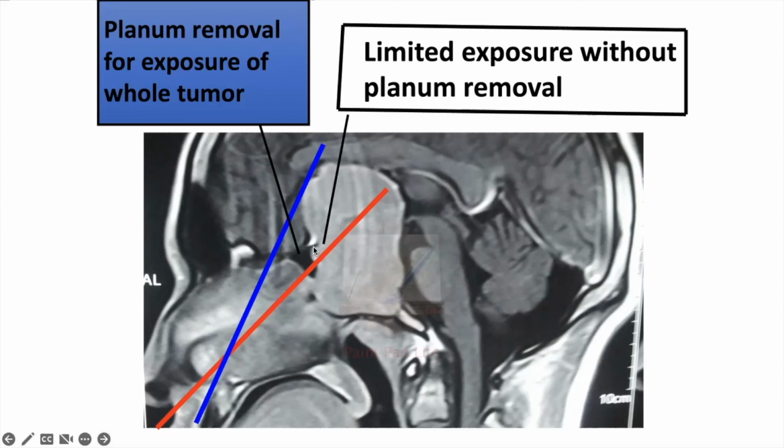So you need to remove bone, and then you need not open the dura. With the suction or any micro instrument, you can push the dura superiorly and take out the tumor which is present superiorly or anteriorly.